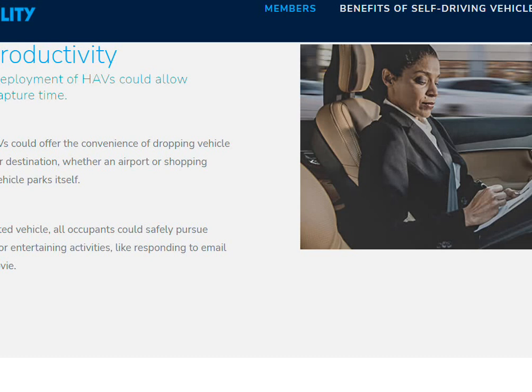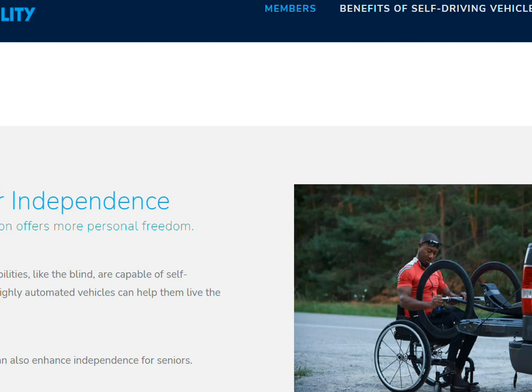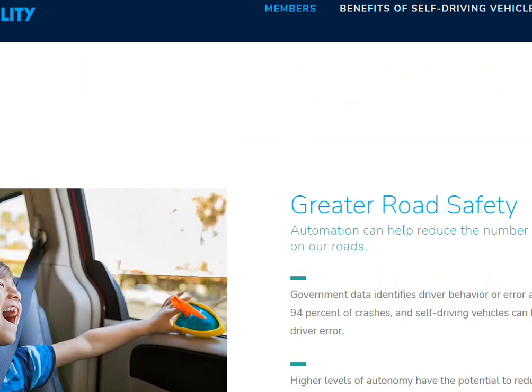We can be more productive and convenient, and we can save money, and we can get greater independence.